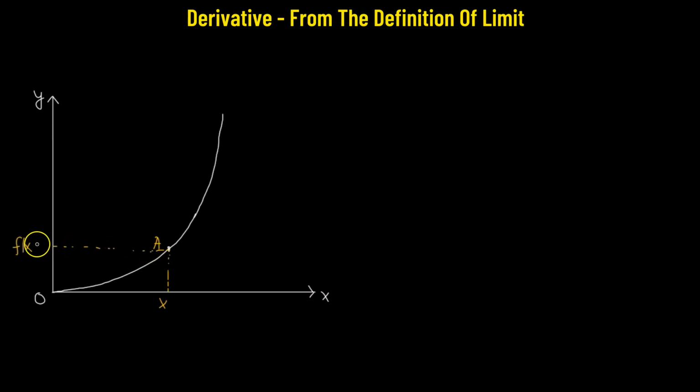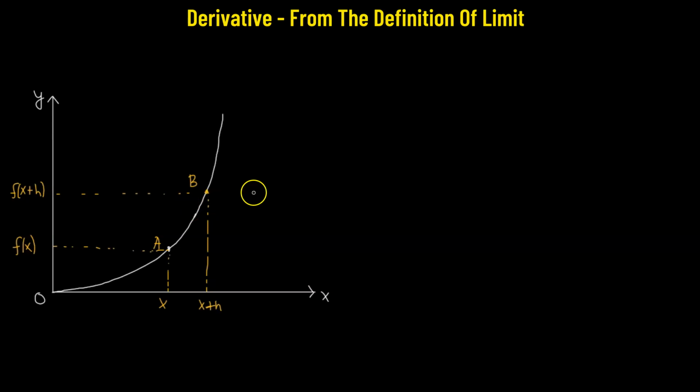Now what we do, we consider another point B on the same curve, and let's say this is at x plus h, and its corresponding y value will be f of x plus h.